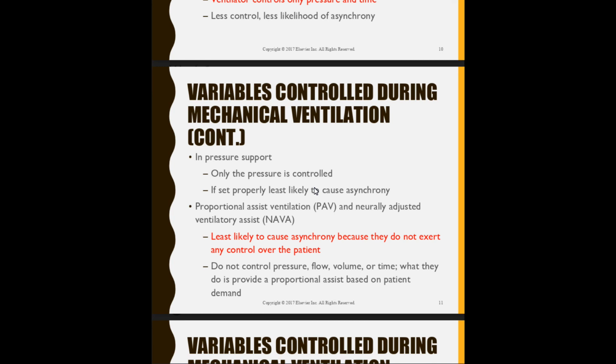If our static compliance is decreasing, meaning the lungs are getting stiff because of an acute lung injury or ARDS, we want them on pressure control. Now, pressure support, on the other hand, is more of a supplemental type of ventilation where it only happens on inspiration.